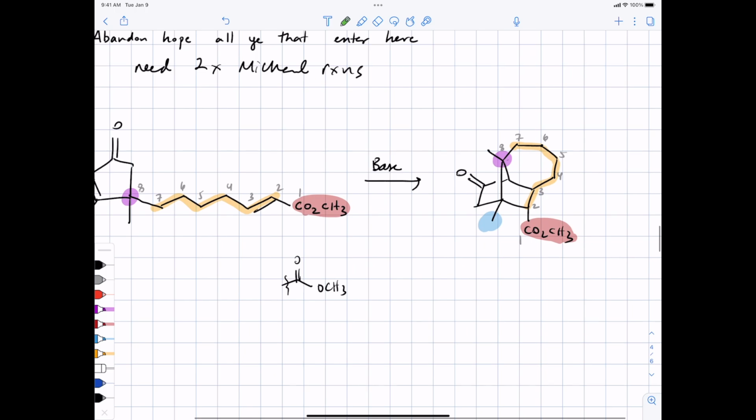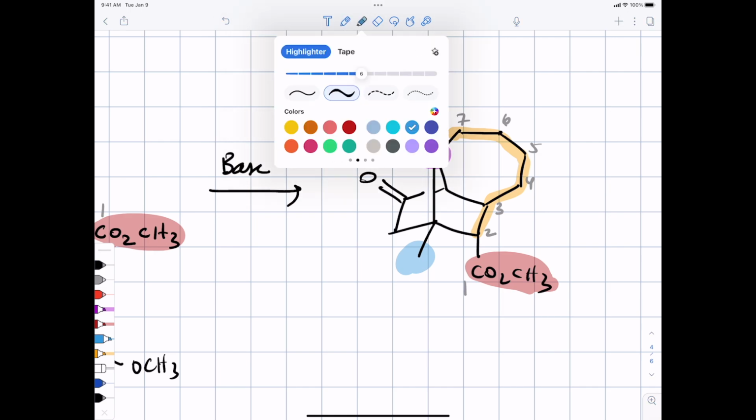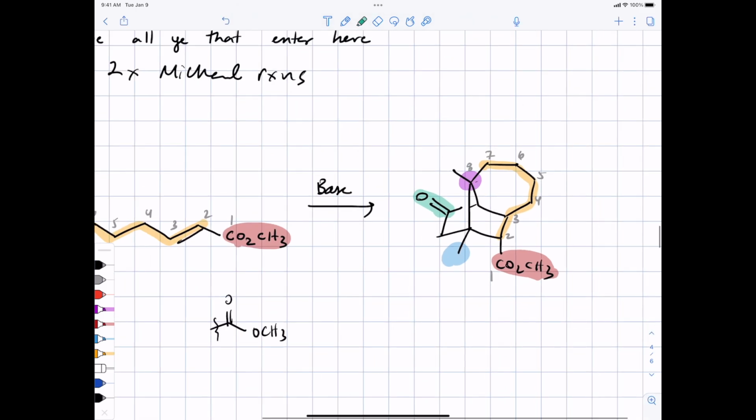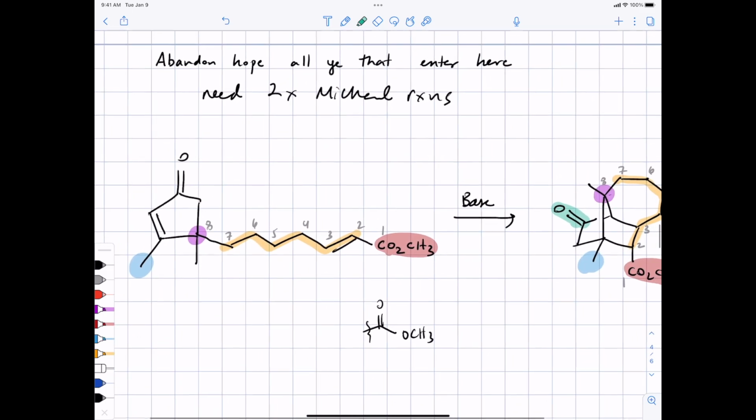We are now exceeding my ability to use colors, so we're just going to use green. Maybe we could use pink. I don't know. Sorry. We'll just use that. That's like the worst possible choice, but okay, there's our ketone.